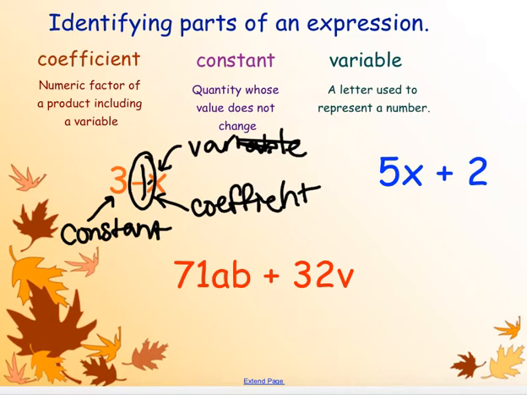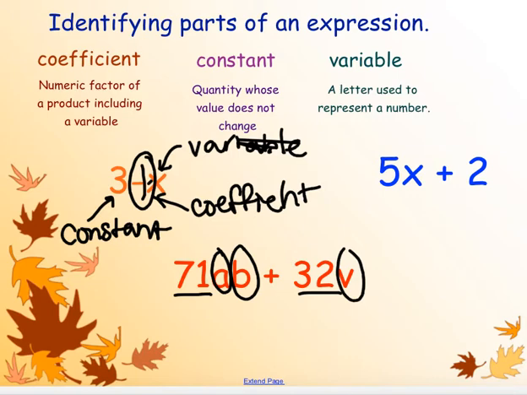Okay? Similarly, 71 is a coefficient, 32 is a coefficient, and then our variables in this one. A is its own variable, B is its own variable, and V is its own variable. Question is, do we have a constant? And in this case, no. We don't have something that is added on, subtracted on, that doesn't have a variable attached to it.